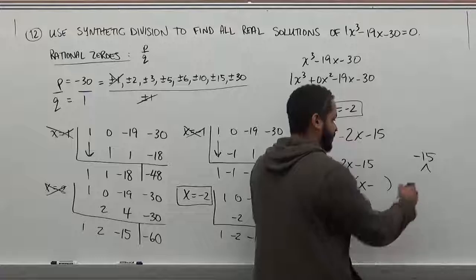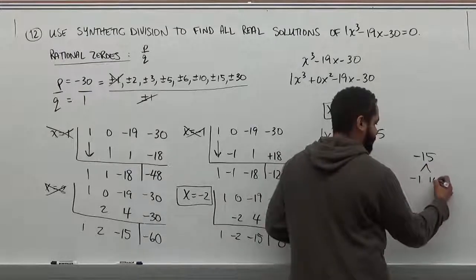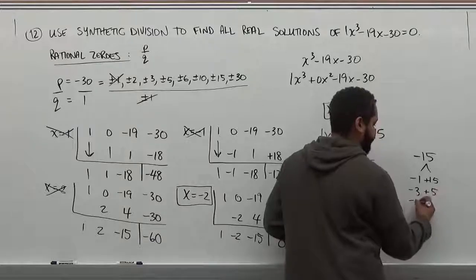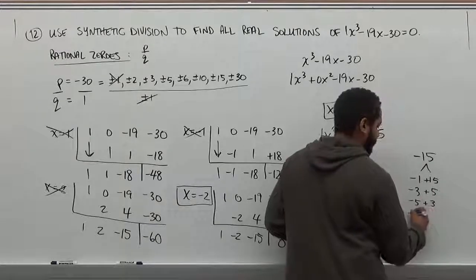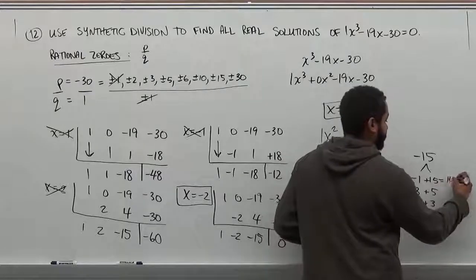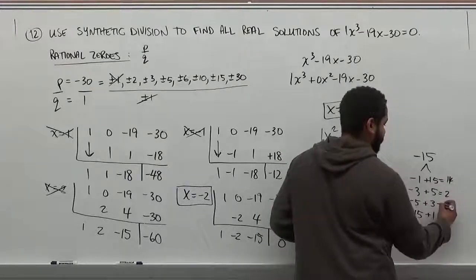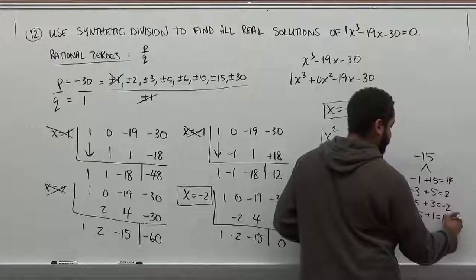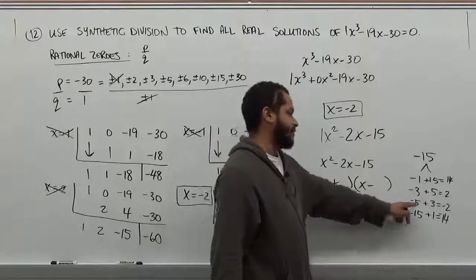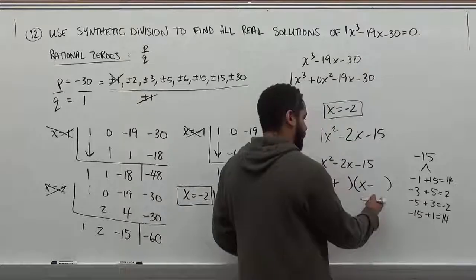So let's factor this out. We have negative 1 and 15, negative 3 and positive 5, negative 5 and positive 3, and negative 15, positive 1. This is 14, this is 2, this is negative 2, and finally negative 14. We're looking for the negative 2, so we know our factors are negative 5 and positive 3.